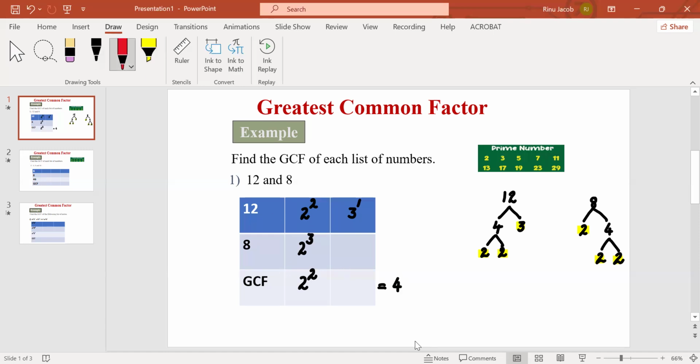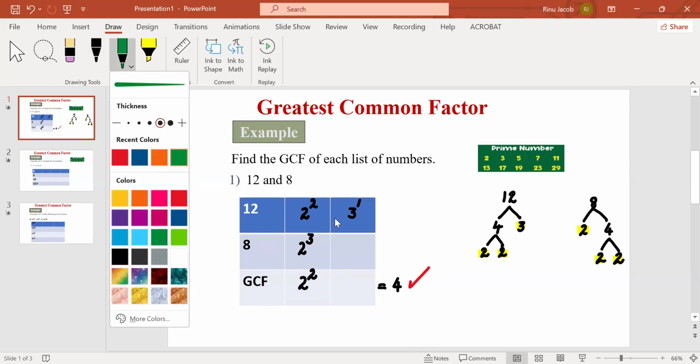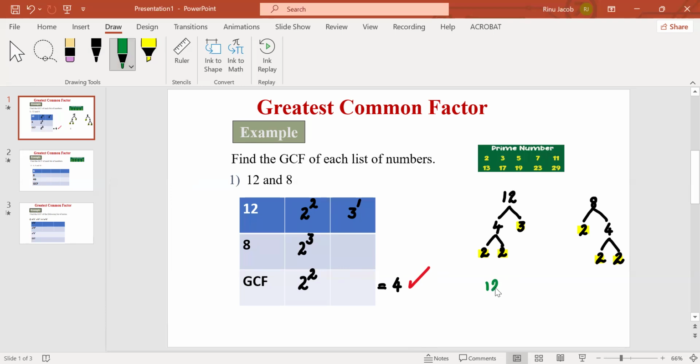Now, how will you confirm that that is your answer? It's very easy. What you have to do here, you're going to write 12 is actually 4 times 2, and 8 is 4 times 2. So that means there is a mistake I have done here.